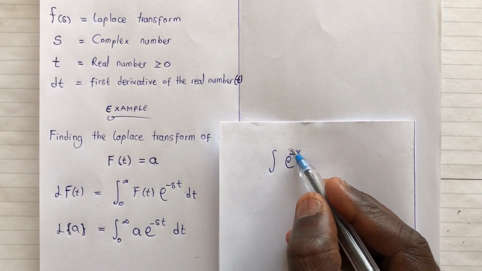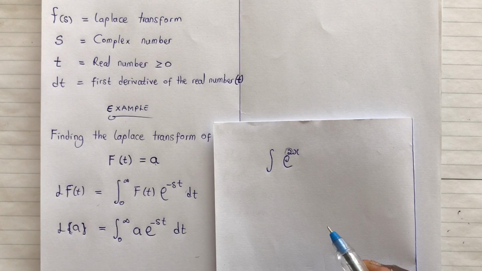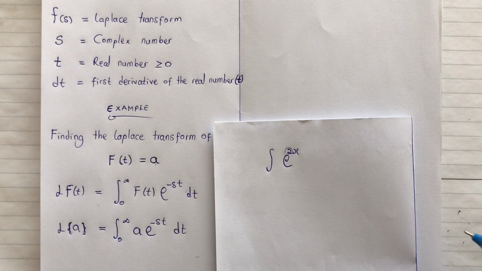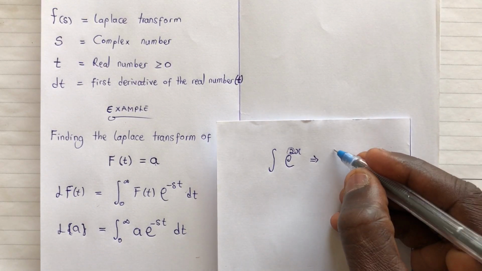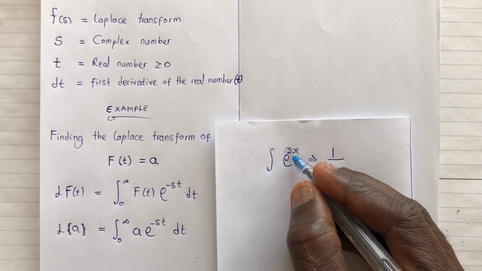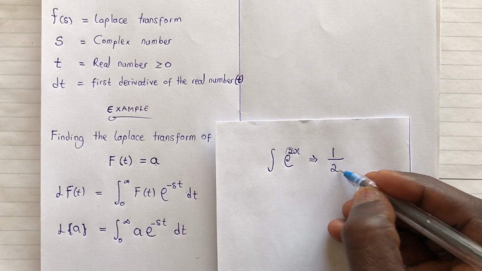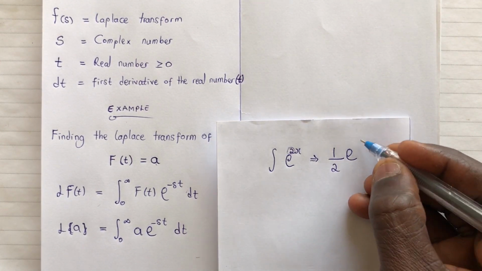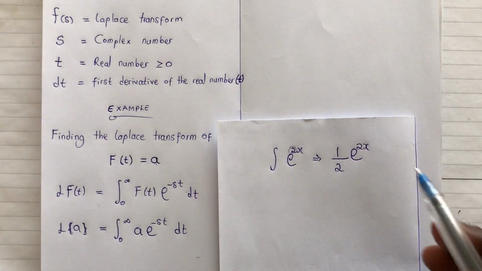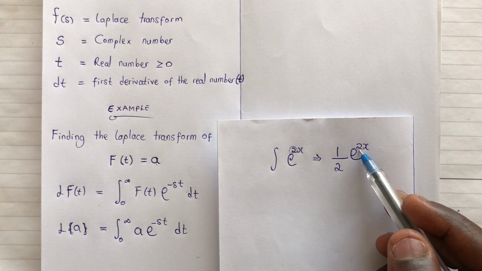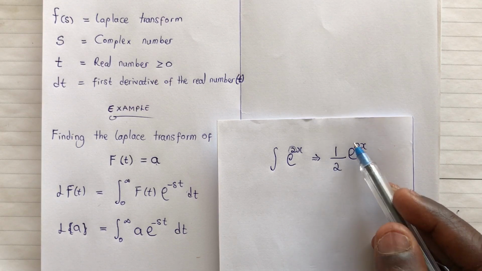I just pick the coefficient of the variable and use it to divide. The easiest method I usually use is to say that the integral of this is 1 over the coefficient of the variable, 2, times the same e to the 2x. Do we get it? So every time, it is 1 over that particular coefficient, and then you raise e to the same power.